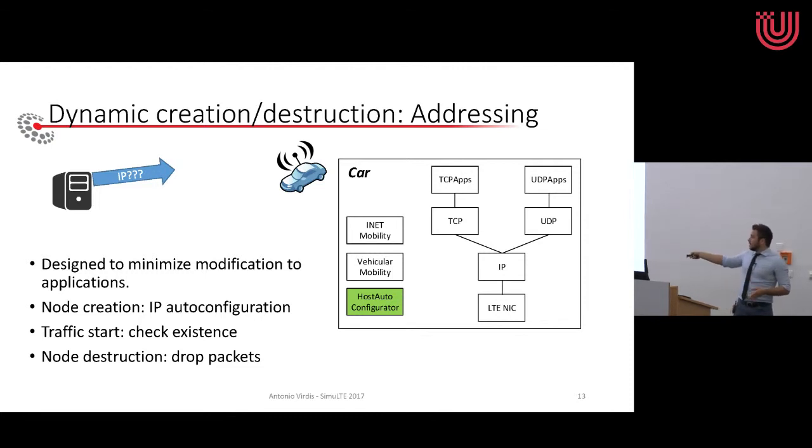There are more efficient ways to do this, but they will probably need a lot more modification to existing applications. So by just using this simple trick, you can still maintain your existing ones. And as soon as the node is destroyed, packets are dropped at the entrance of the LTE network. Again, even in this case, you can add more controls at the source application, but they will need, of course, a lot of modification to the original application again.